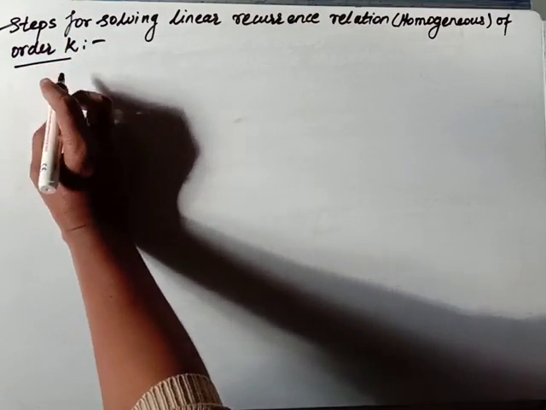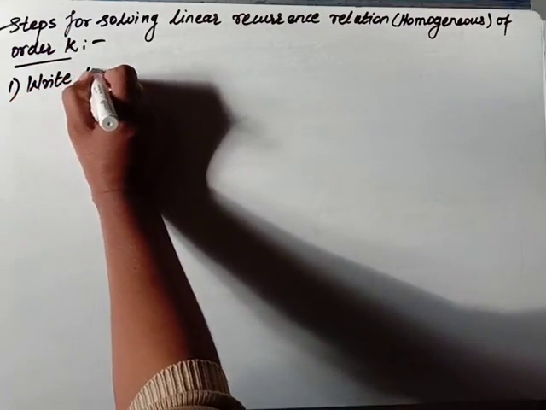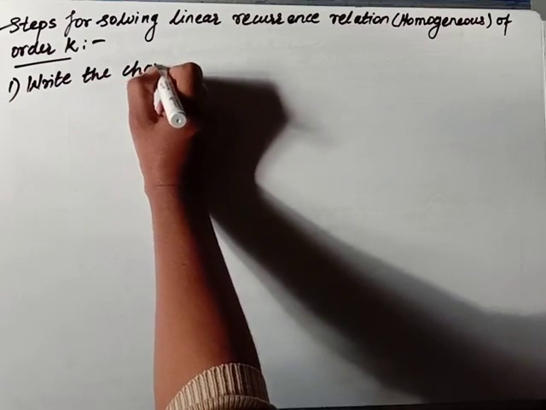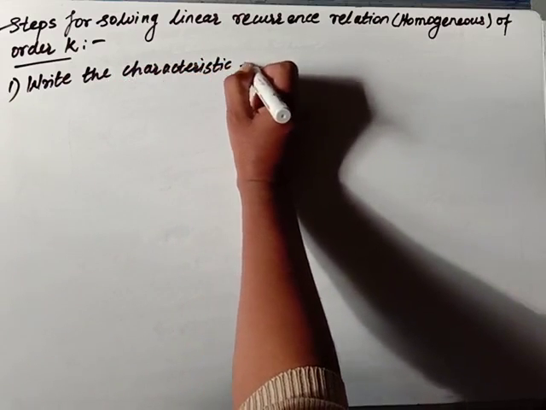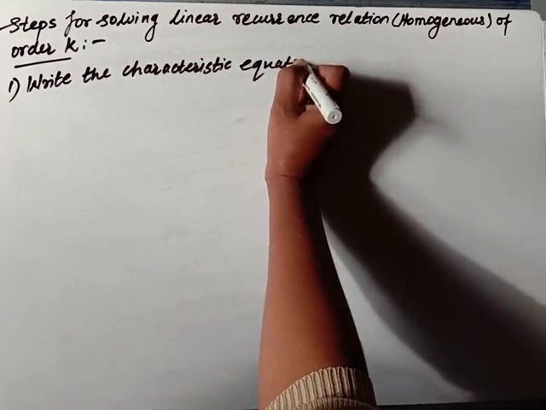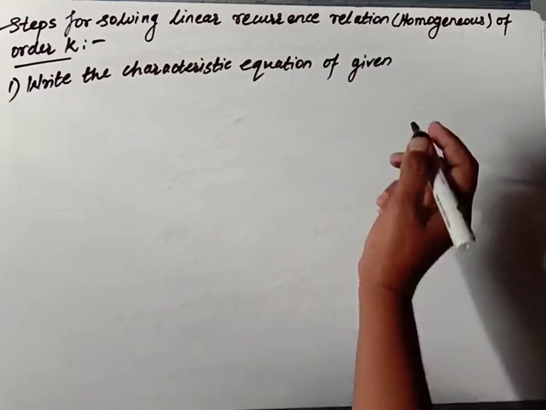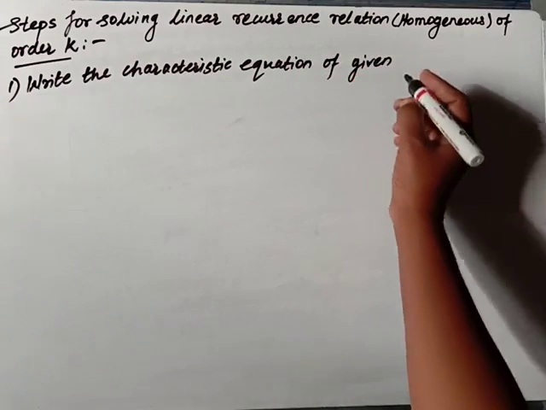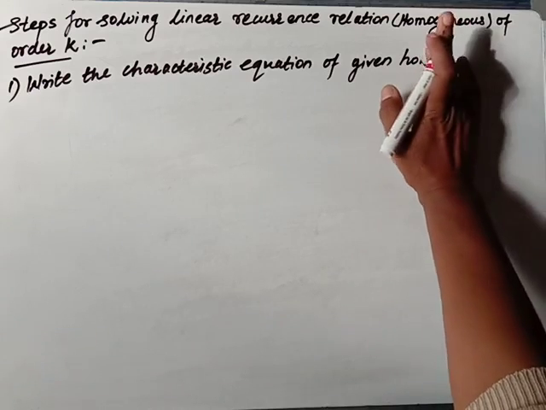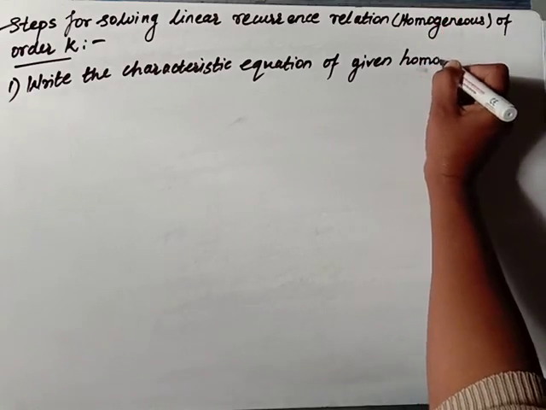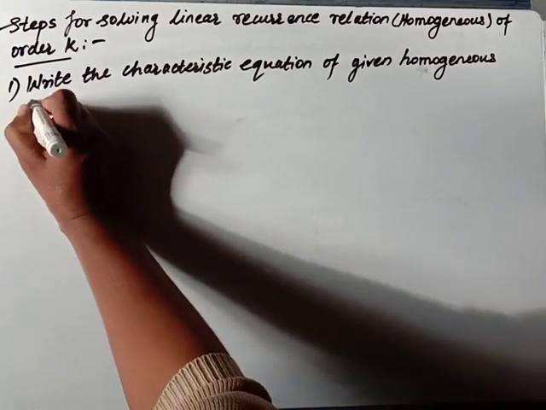Let us see this. Now the first step is that we have to write the characteristic equation of the given homogeneous recurrence relation.